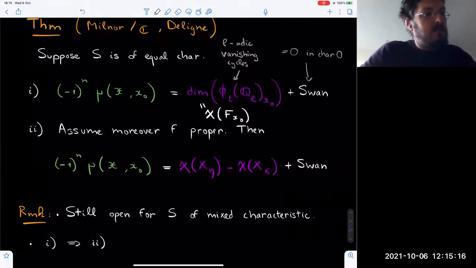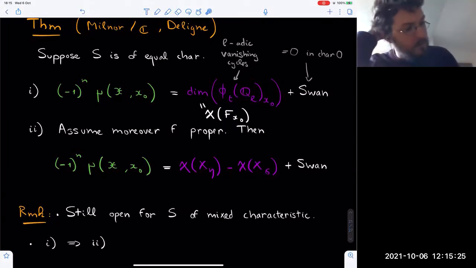So this is actually expected to hold always, these two formulae, including in mixed characteristic, but this is still open in general.